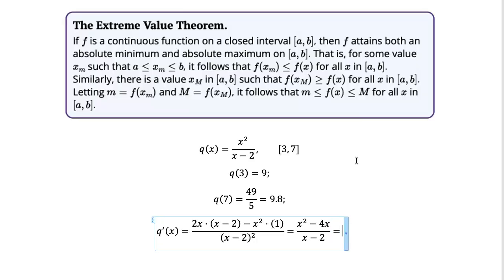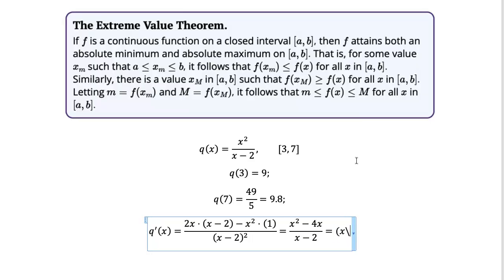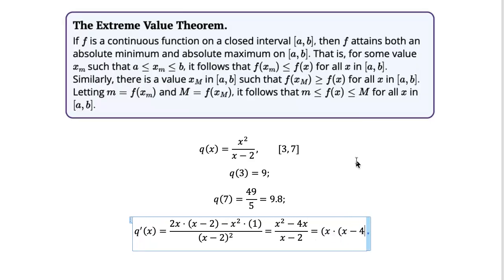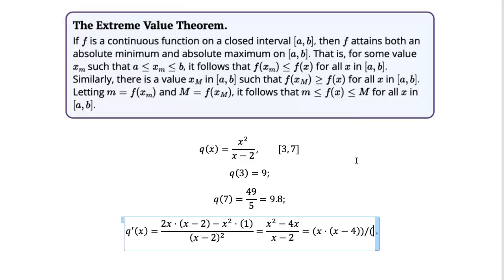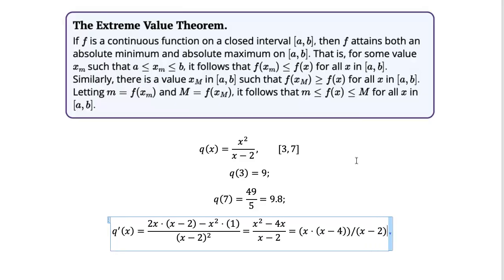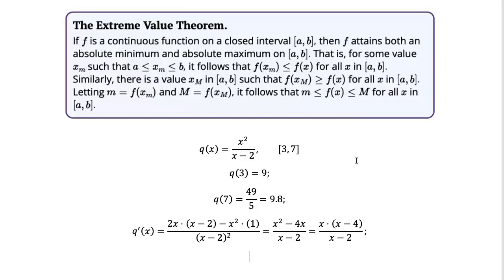I can write this as x times x minus 4 over x minus 2 squared, right? So clearly it has a 0 at x equals 4, so there's a critical value at 4.